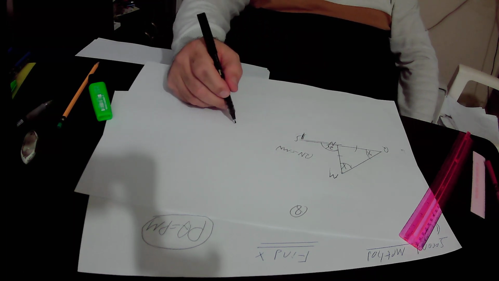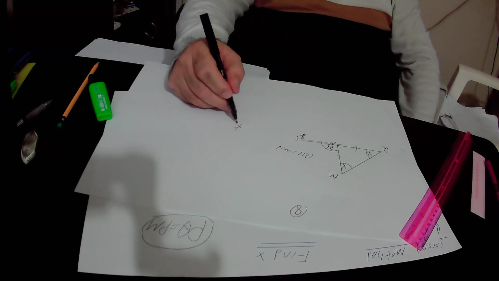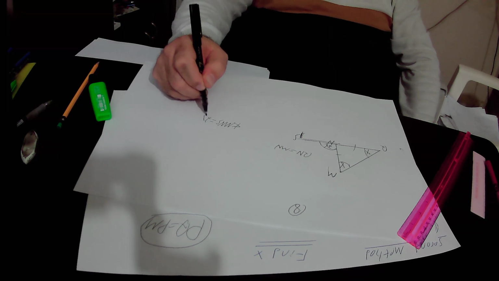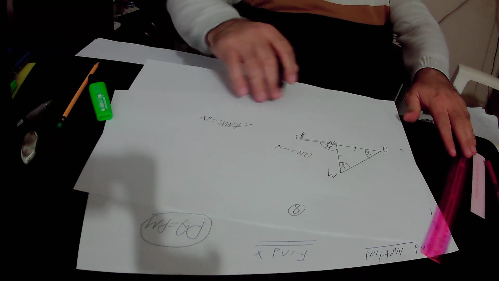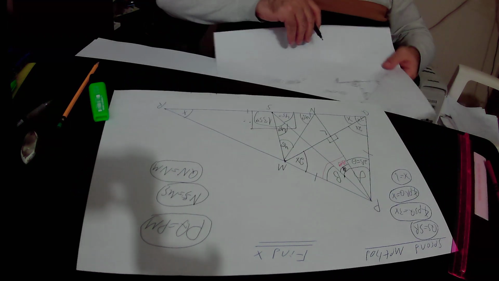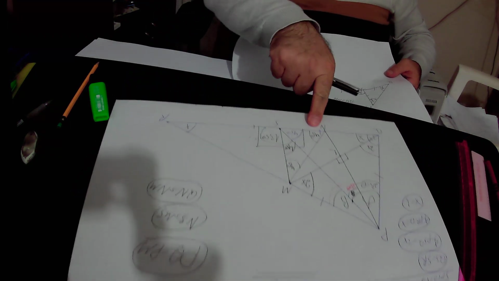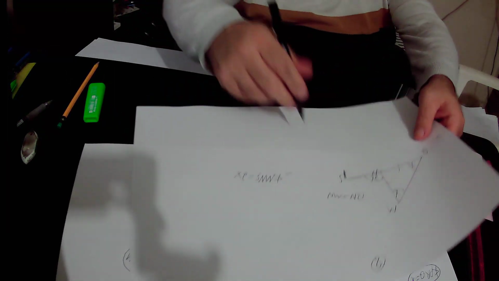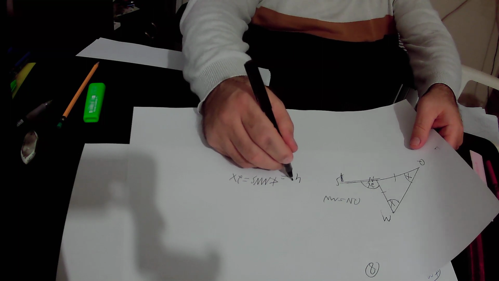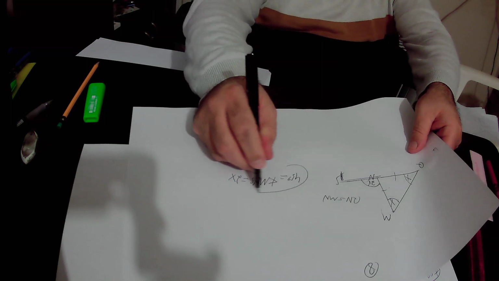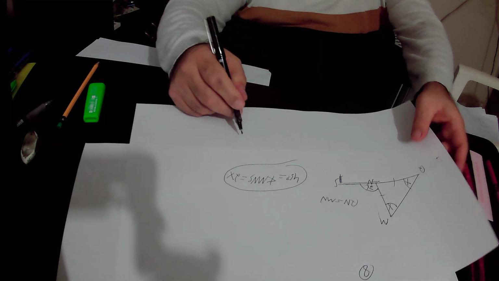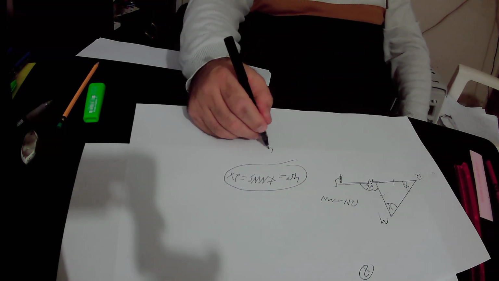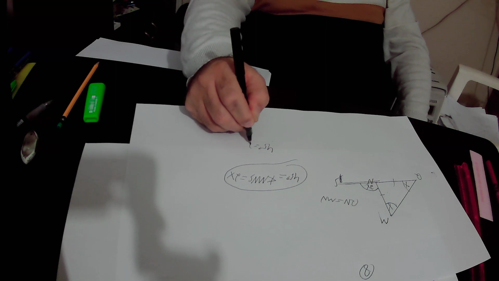So angle MNS equals 2x from one side, but from the other side, we already found out that angle MNS equals 45 degrees. So from this equation, 45 degrees equals 2x.